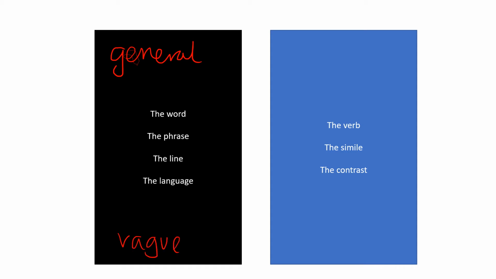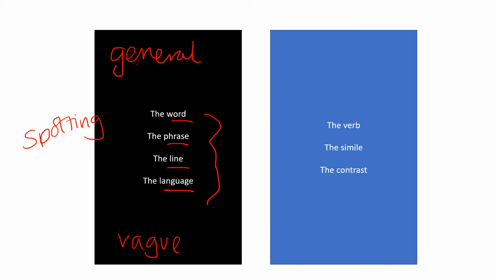So they will say the writer uses the word, the writer uses the phrase, the writer uses the language, the writer uses this. The problem with this is that that's not really talking about language. All you're doing is just spotting something in there. The writer uses lots of words, lots of phrases, lines, and language.